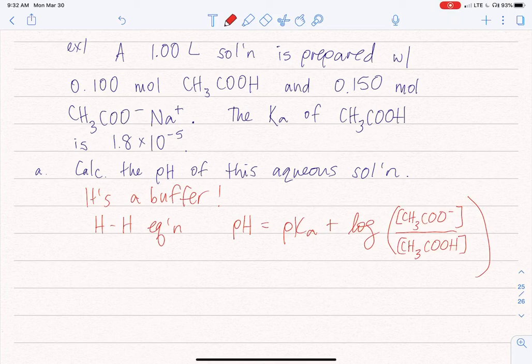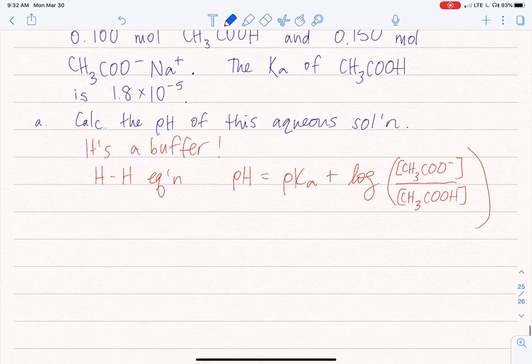Now, we were given molar quantities, but we were also told that the total volume of the solution is 1 liter. So it's going to be 0.1 molar in acetic acid and 0.15 molar in sodium acetate. So we can plug those values into the Henderson-Hasselbalch equation.